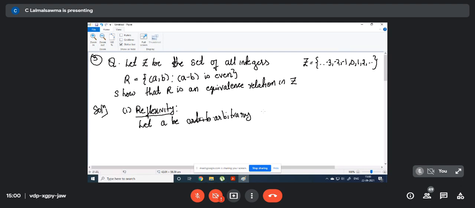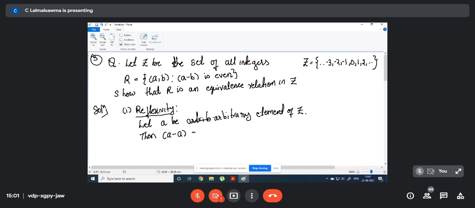Arbitrary means if we take some random element of Z, which could be anything inside Z, then we know that a is reflexive with itself. So we write a minus a.